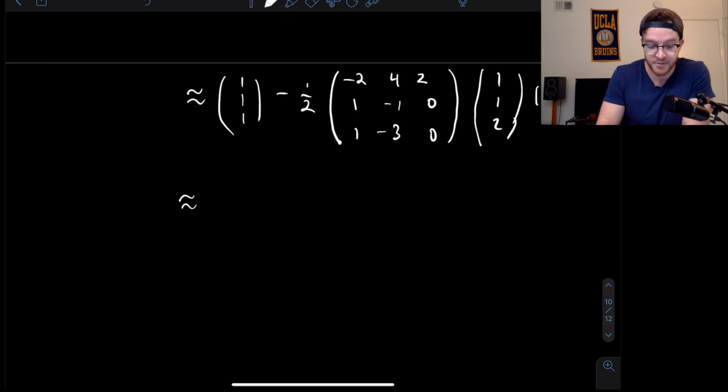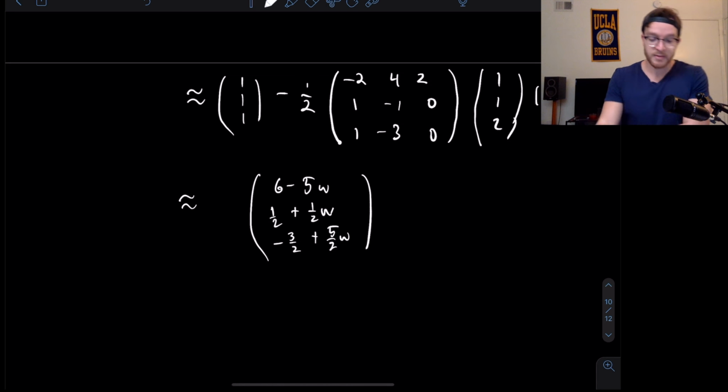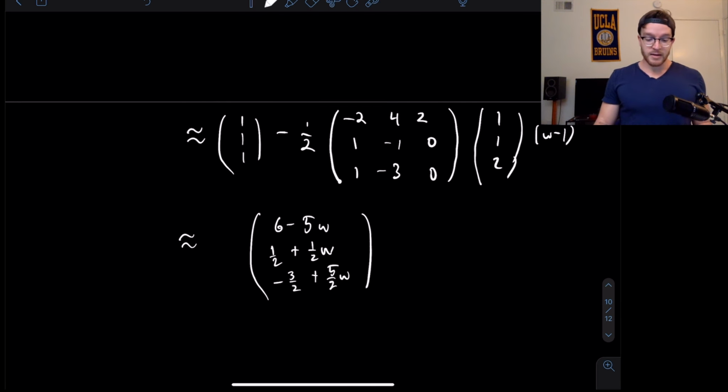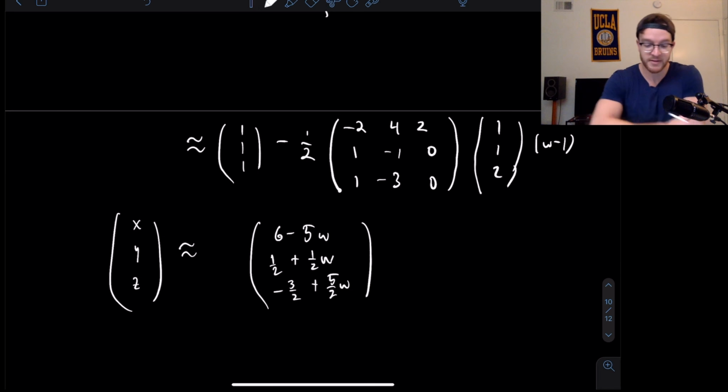If I did this correctly, we'll get 6 minus 5w, 1/2 plus 1/2 w, and negative 3/2 plus 5/2 w. So x, y, z is approximately that near our solution.